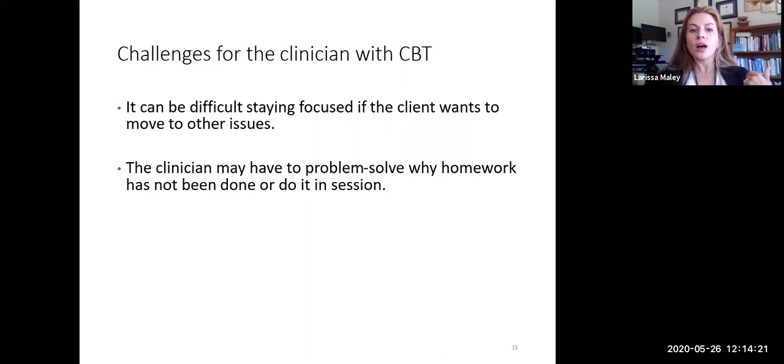It's also easy for clinicians to get a little complacent with the not doing homework, and it's really, really important that we set up from the beginning any of these skills that we're going to go over together have to be practiced outside of session or they're no good, right? So if I prescribe you a medication and you don't take it, it really doesn't serve its intended purpose.